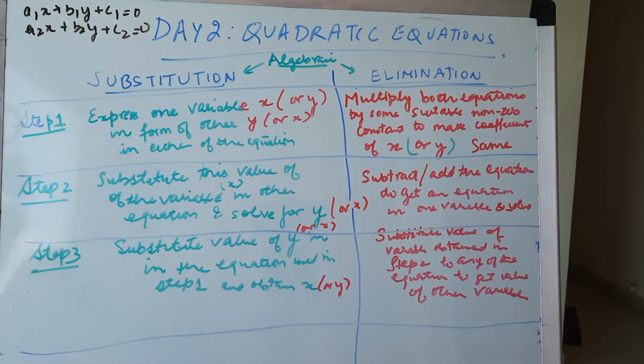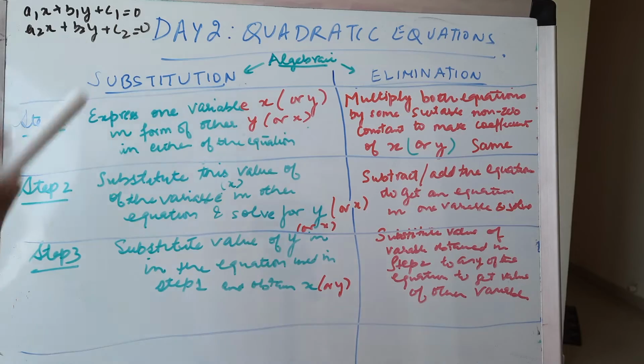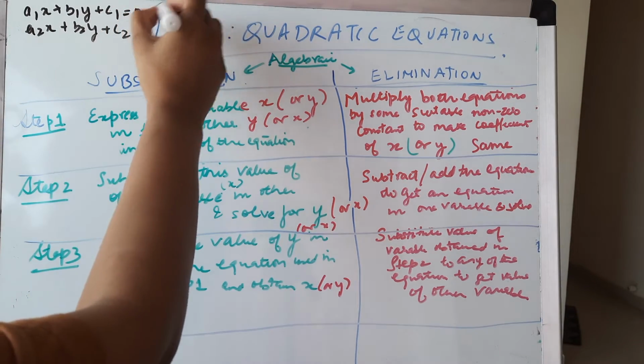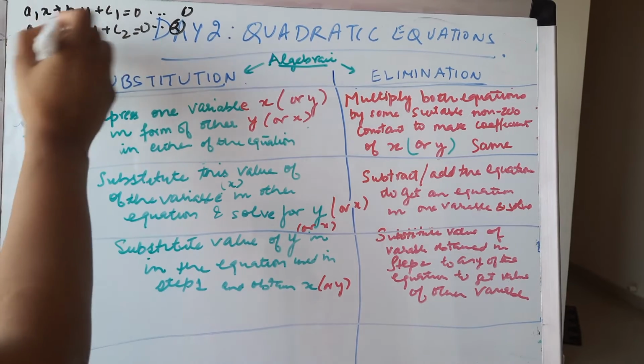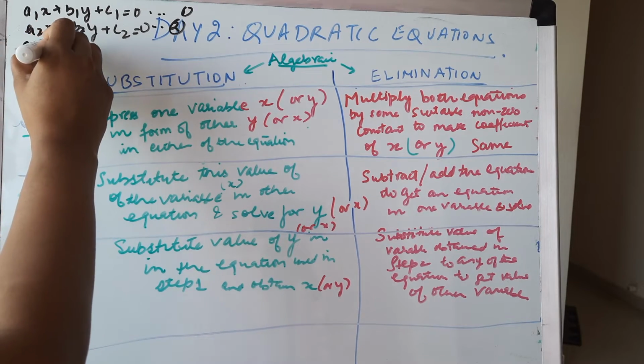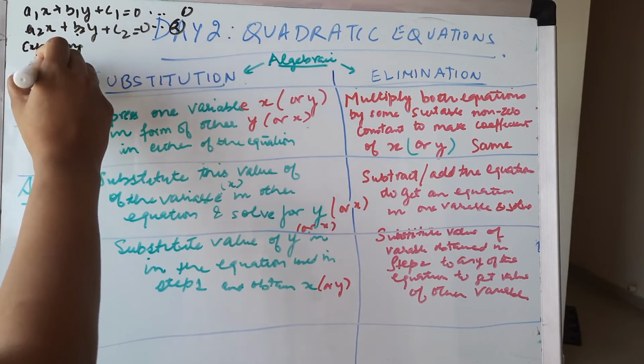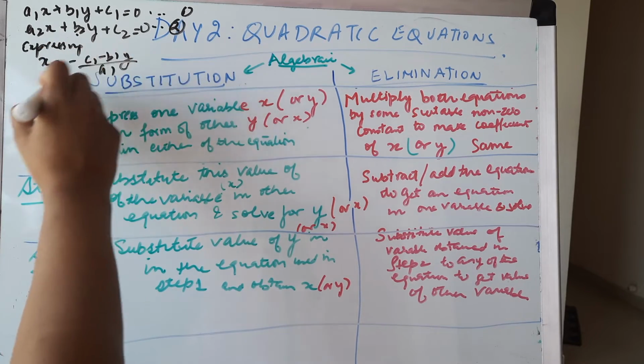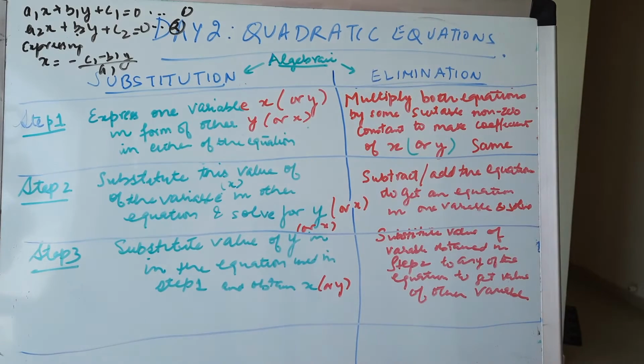In the substitution method, what we do is we express one of the variables. So for example, we first take any of the equations. We are going to say like this: 1, 2, then expressing x equal to minus c1 minus b1 y by a1, right? So that's what we are going to do.